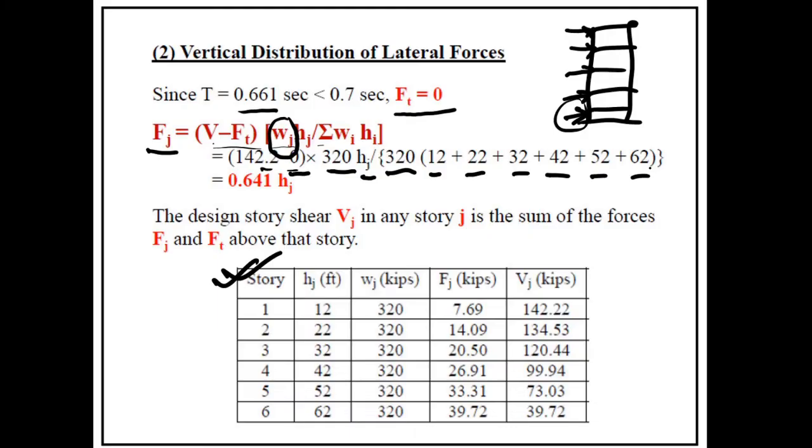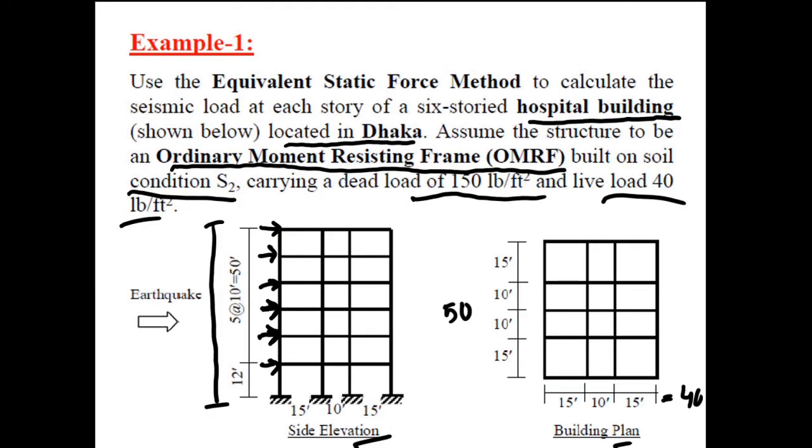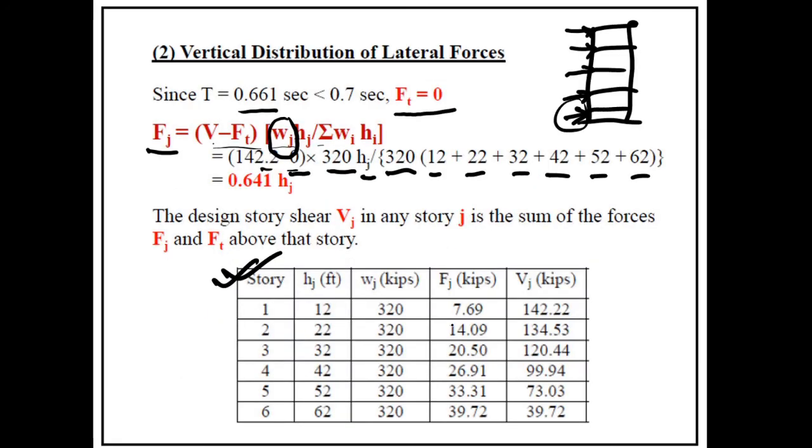As we know, the height of the first story is 12 feet, and the height up to the second story is 12 plus 10, which is 22 feet. Height up to the third story is 32 feet. So plugging those values respectively over here, we will get the expression for Fj, which is 0.641 Hj.